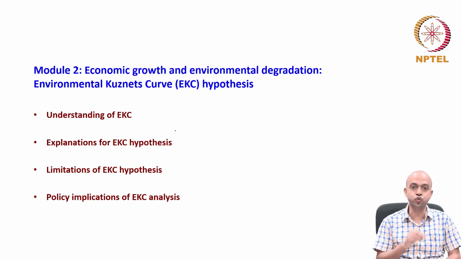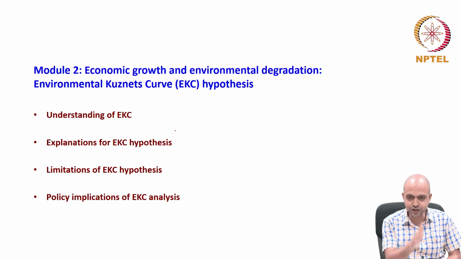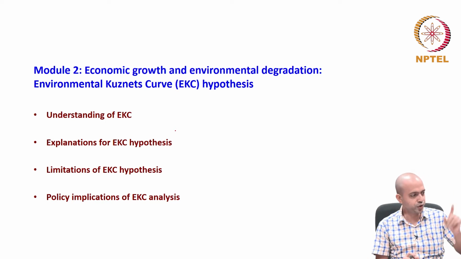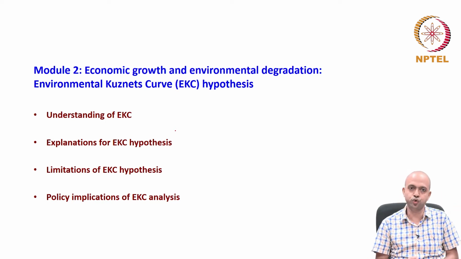That is why we need to discuss these two important schools of thought. The first school is basically the EKC school, and these are the subtopics: understanding, explanation, limitations, and policy implications of the environmental Kuznets curve, that we are going to discuss in module 2.